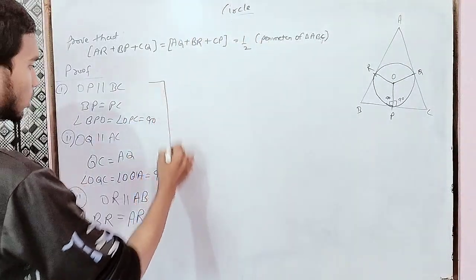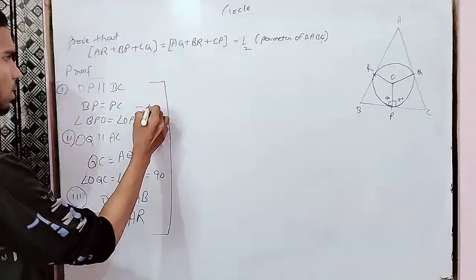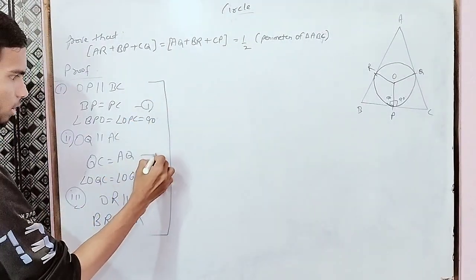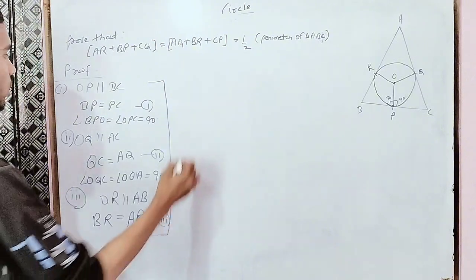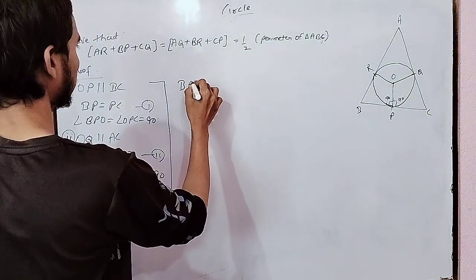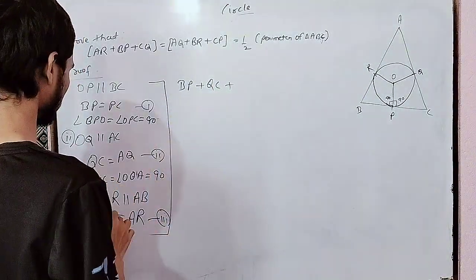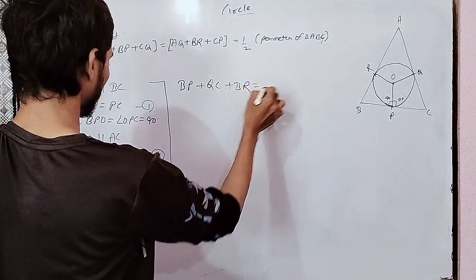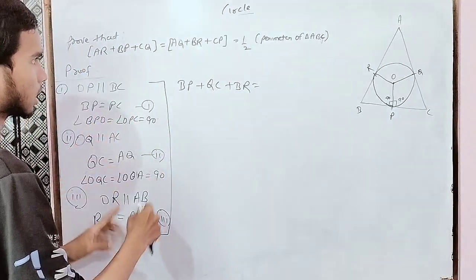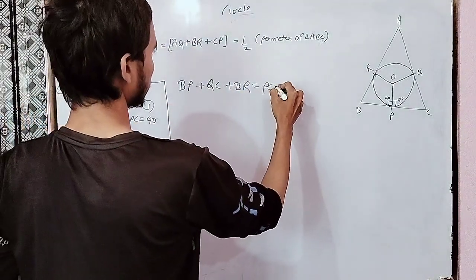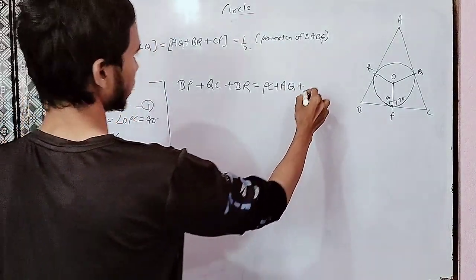Now from here we can see, this is one equation, this is a second equation, this is a third equation. For example, BP plus QC plus BR on one side, and PC plus AQ plus AR on the other side.